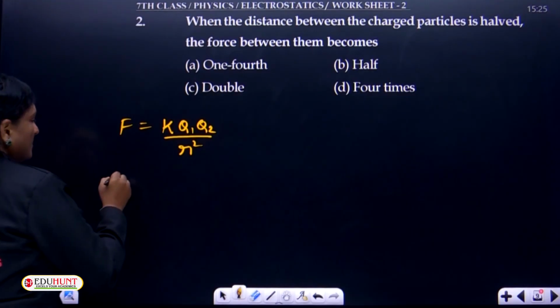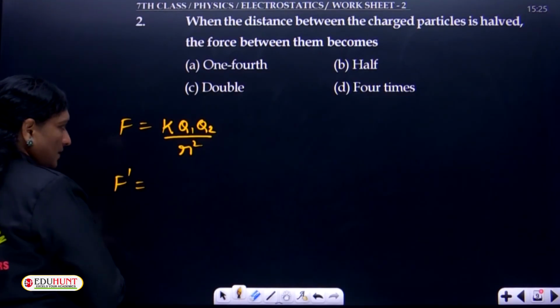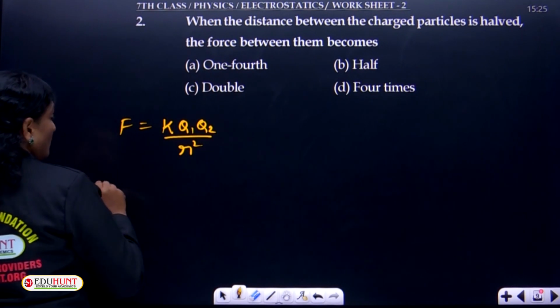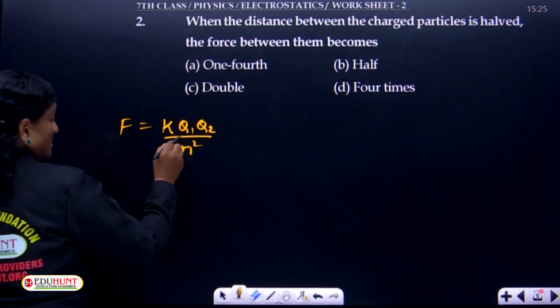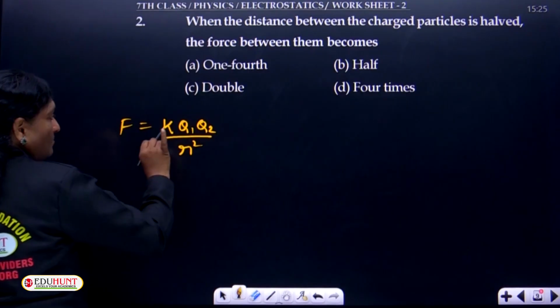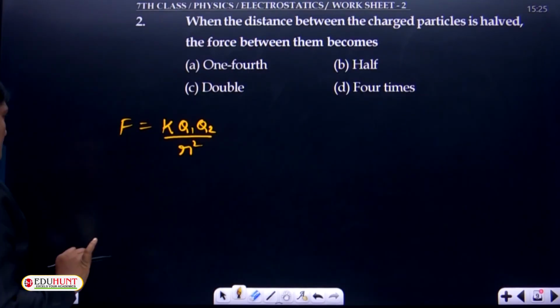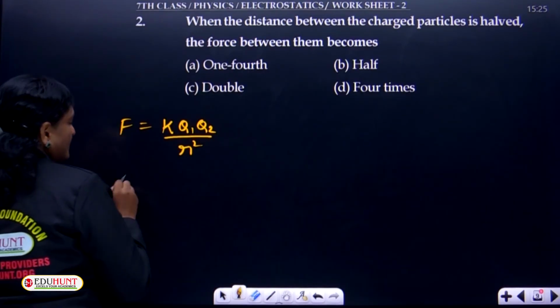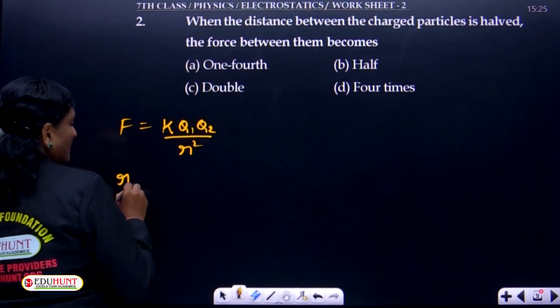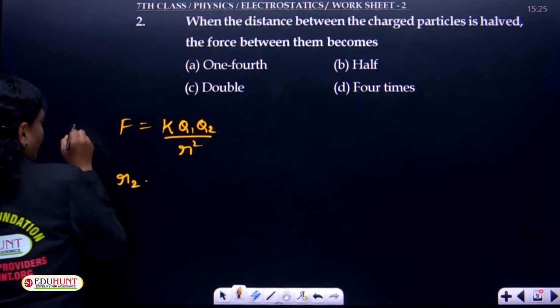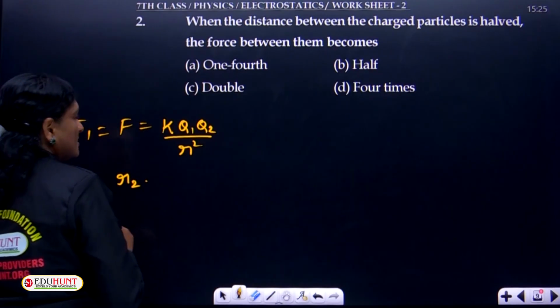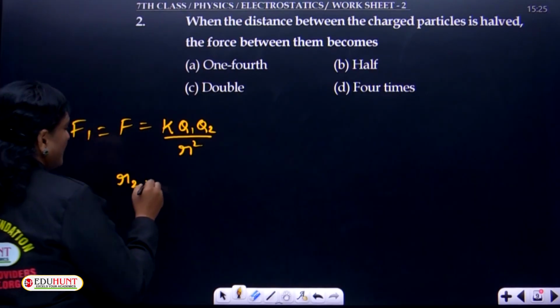Now, in order to find the new force, the charges remain constant, and the proportionality constant is always constant. What only changes is R for the second case. So F1 is equal to F, which is equal to K times Q1 Q2 by R square.